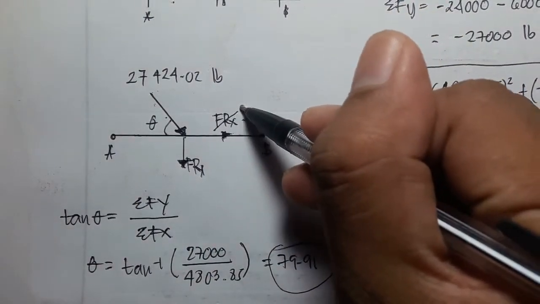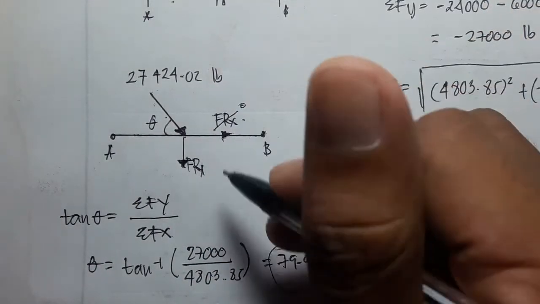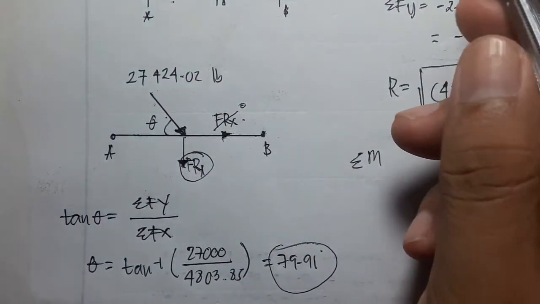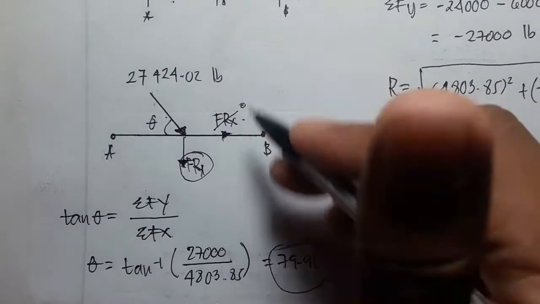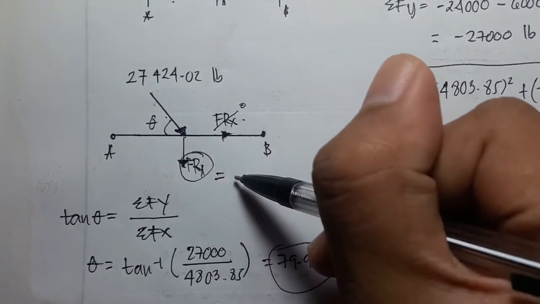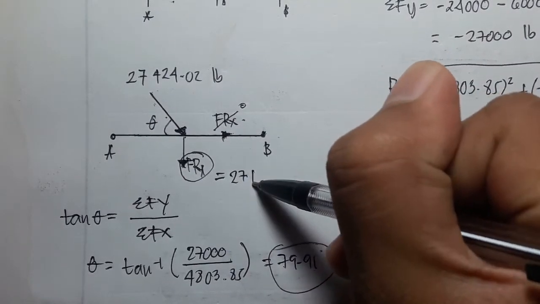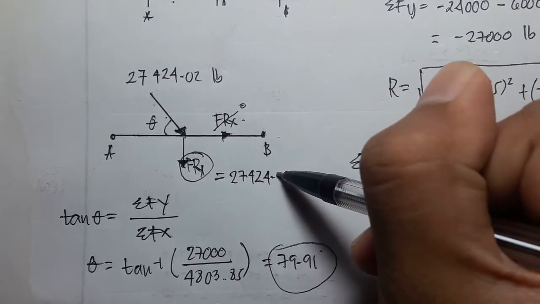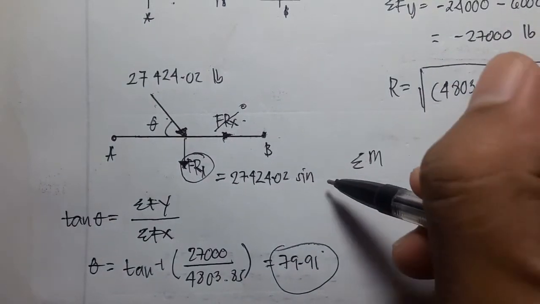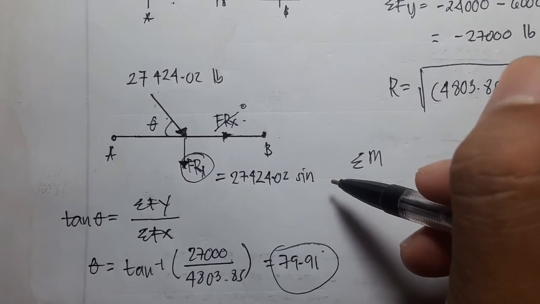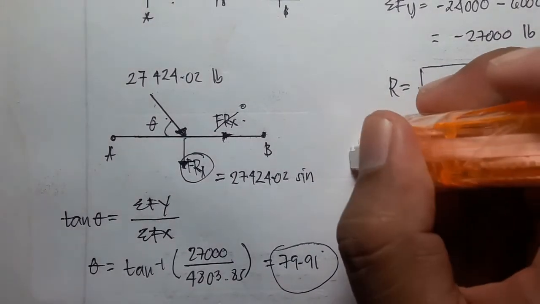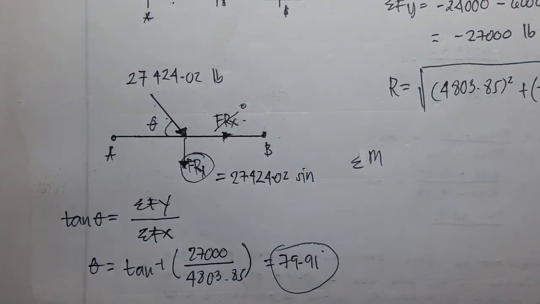The force to be included is the y component of the resultant, which is equal to 27,424.02 sine of theta. Let me erase this. Oops.